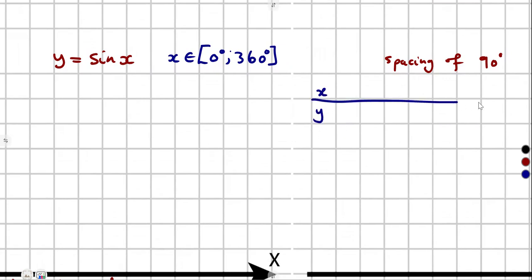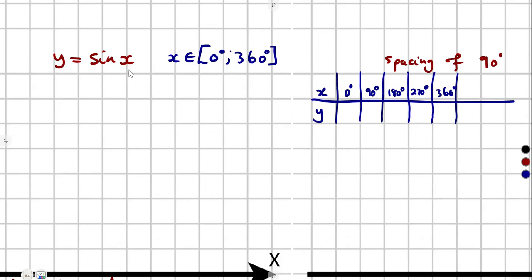Like we have our spacing from 0 degrees, we've got 90, 180, 270 up to 360 degrees. For these x values, we are going to have the corresponding y values.